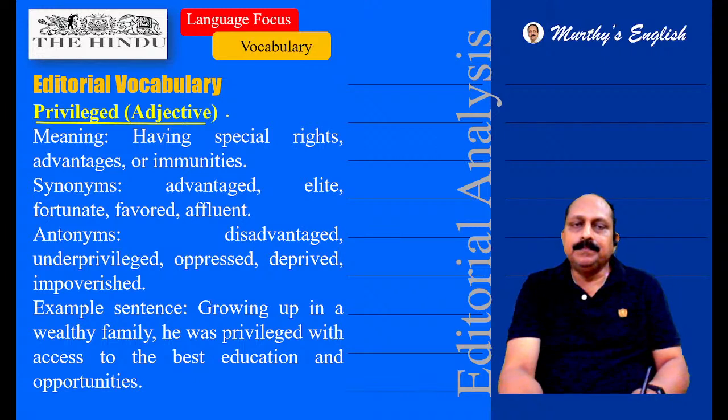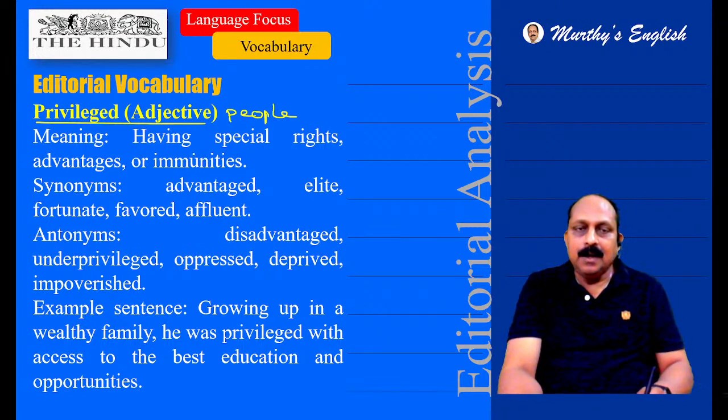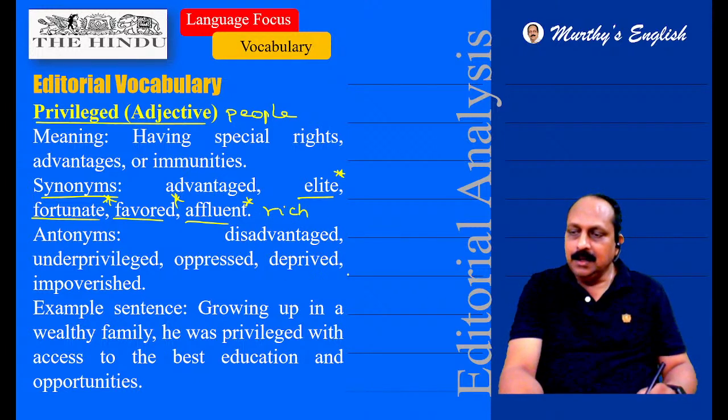Privileged people, privileged lot, part of speech adjective. Having special rights, advantages, or immunities. Advantaged person, elite, already we have got many a time. Fortunate people, favored people. Affluent means a rich, affluent family, affluent society, affluent country.